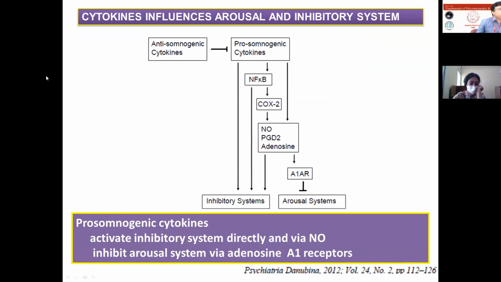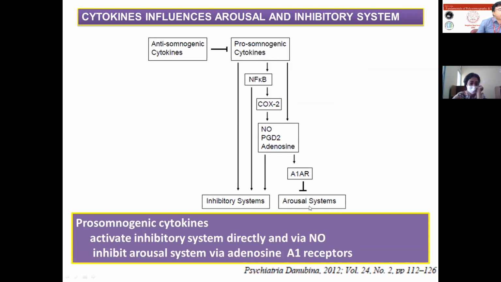The other thing is that these pro-somnogenic cytokines act by inhibiting the arousal system, and also directly activating the inhibitory system. Inhibitory system here means the sleep-promoting system.